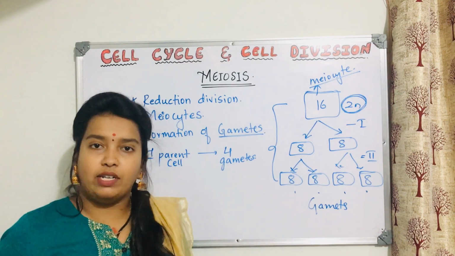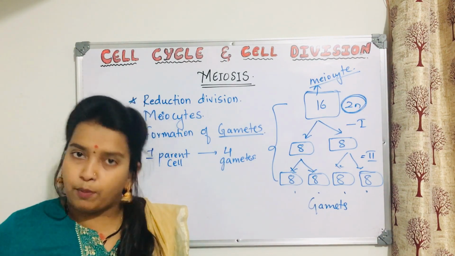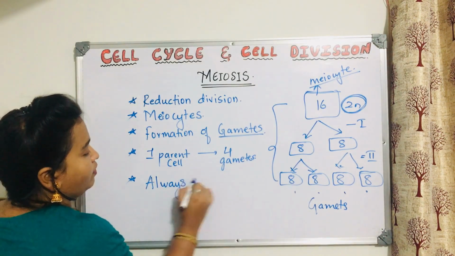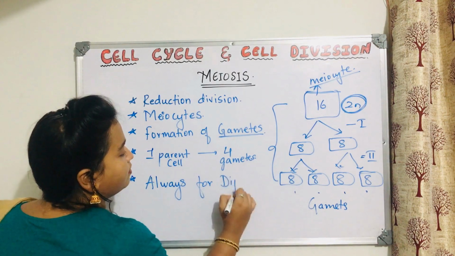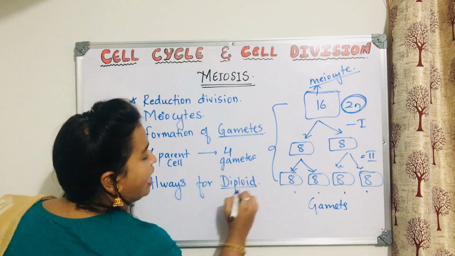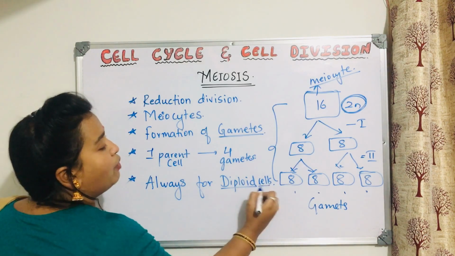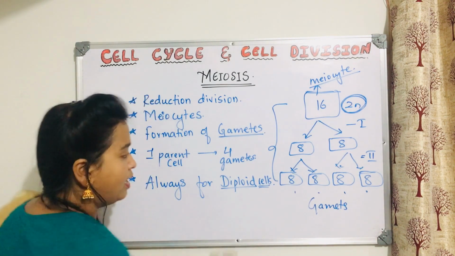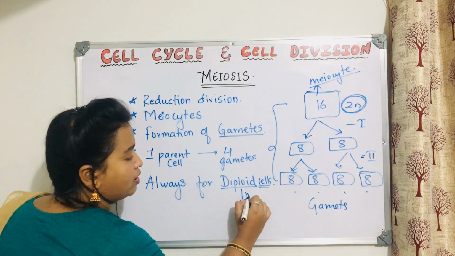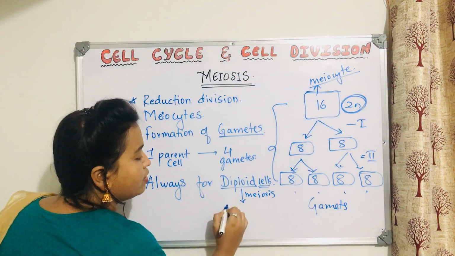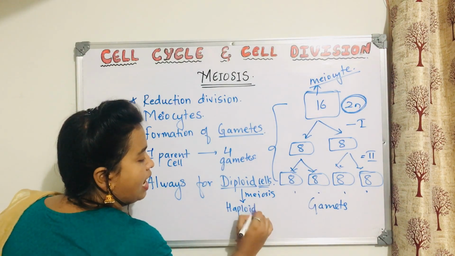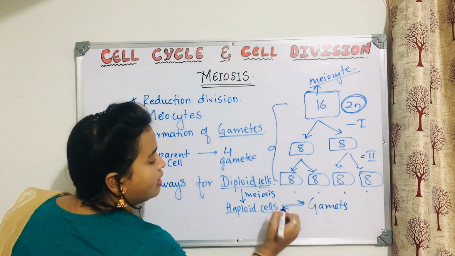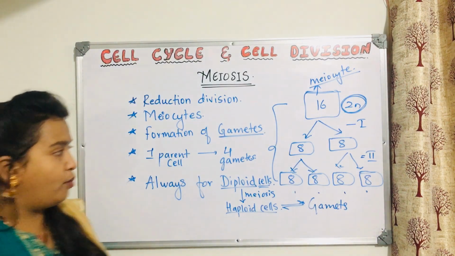Because it is producing haploid cells, so obviously it should work on diploid only. Diploid cells will undergo meiosis to produce haploid cells, and those haploid cells we call gametes. I hope this much is clear.